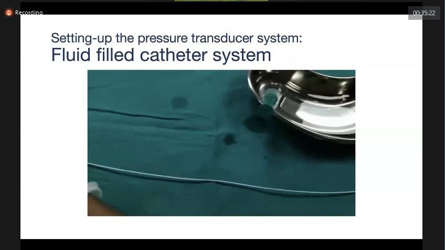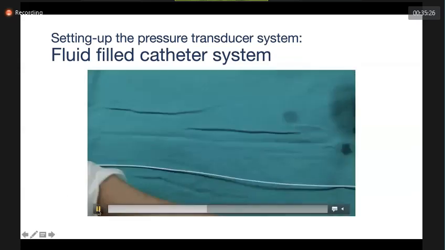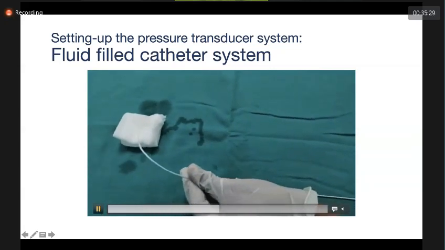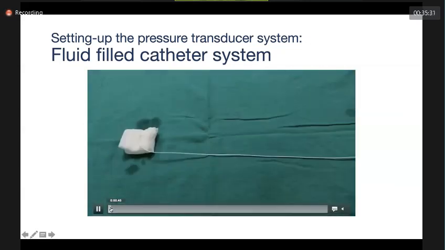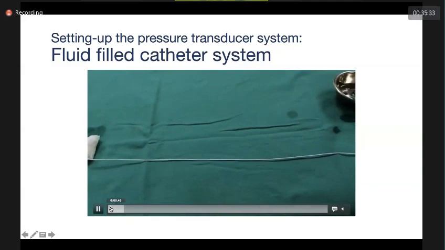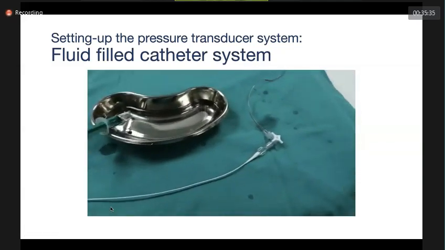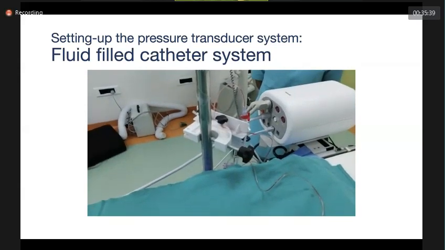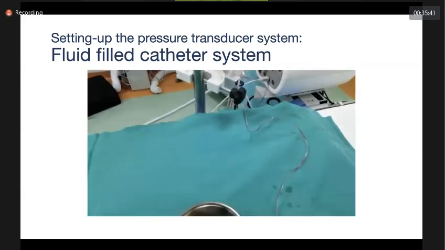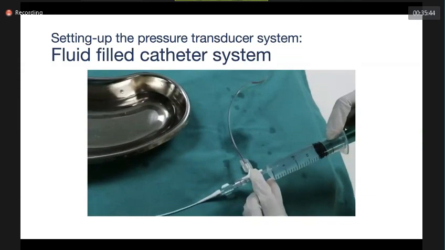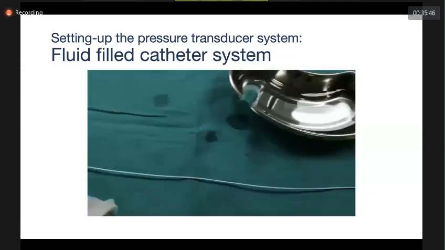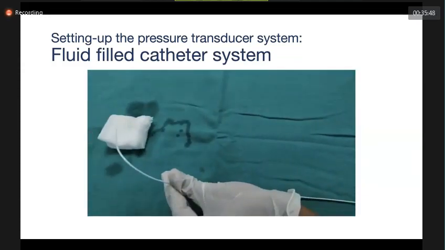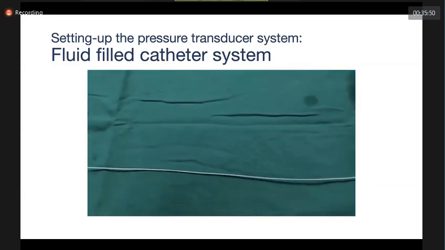How do you make a fluid-filled catheter system, or flush a catheter system? You see here, this is the catheter, which is connected to the three-way and then to the transducer system here. So now you are flushing the three-way. After flushing the transducer, you flush that.